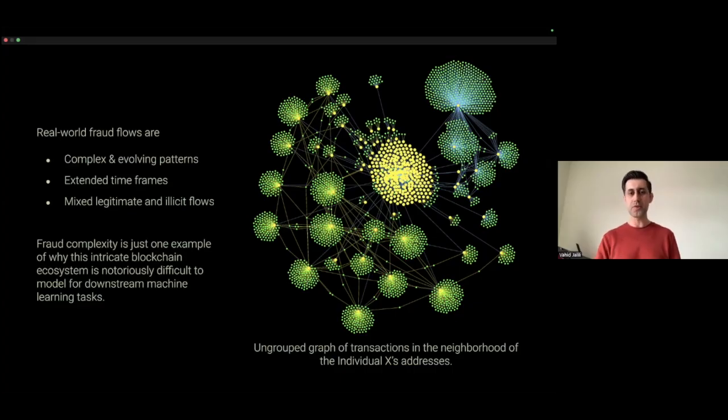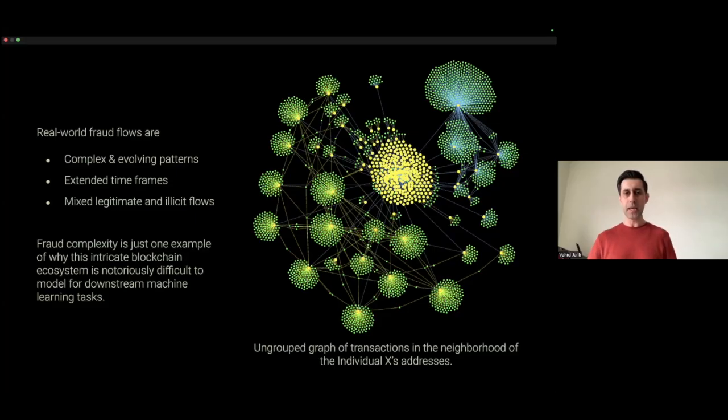In this case, most of them are involved in the Silk Road. But in many other cases, many of the transactions that you could see are totally legit transactions. Like someone sending thousands of bitcoins to another person doesn't necessarily mean it is an illicit activity. So this is just one example, this illicit activity, to show how complex real world graphs are, especially graphs that involve financial activities like Bitcoin.